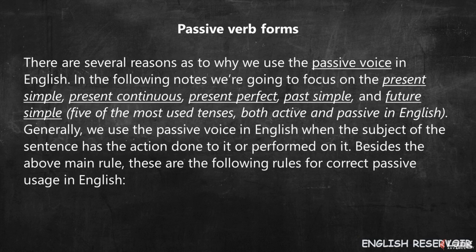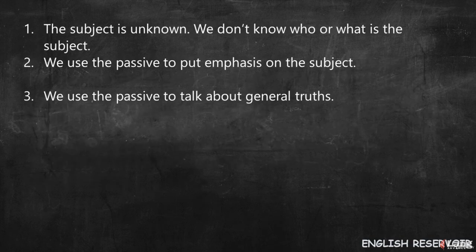These are the following rules for the correct passive usage in English. 1. The subject is unknown. We don't know who or what is the subject. 2. We use the passive to put emphasis on the subject. 3.